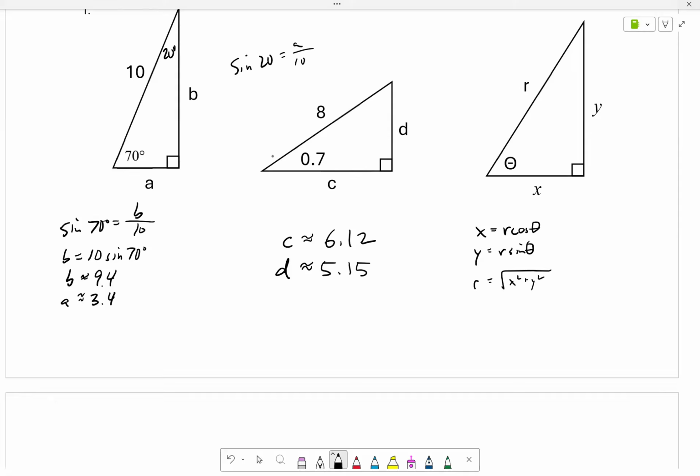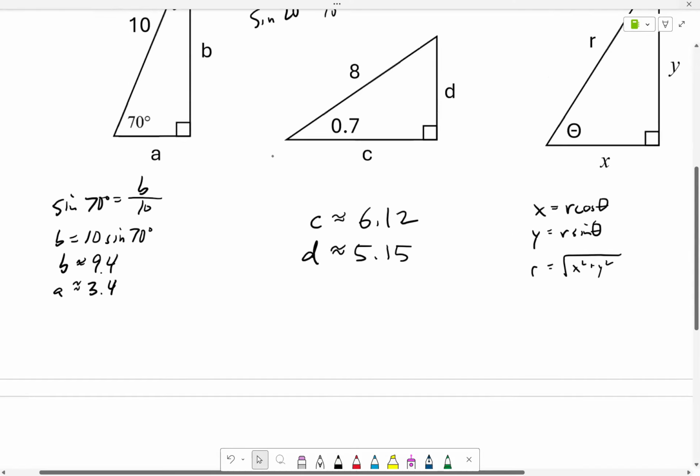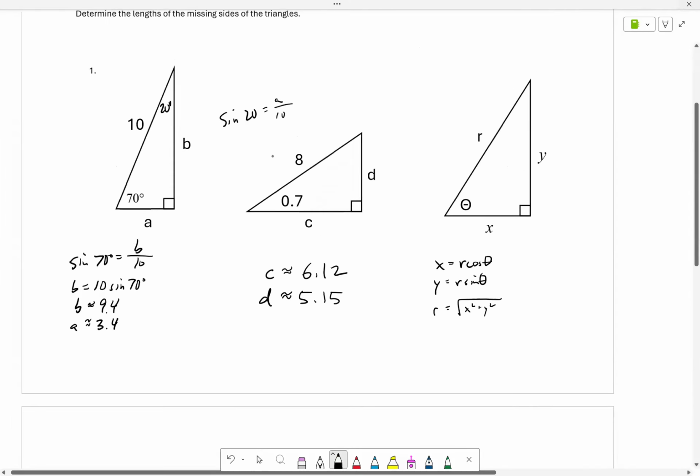Yeah, but if you do cosine of 70 equals A over 10, it gives you a different number. Cosine of 70 equals A over 10? It gives you the exact same thing, so there's probably a calculator error there, because the sides are not changing.